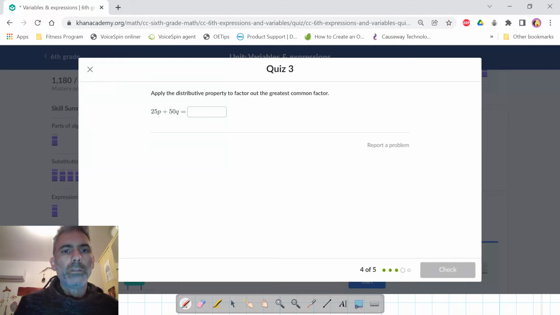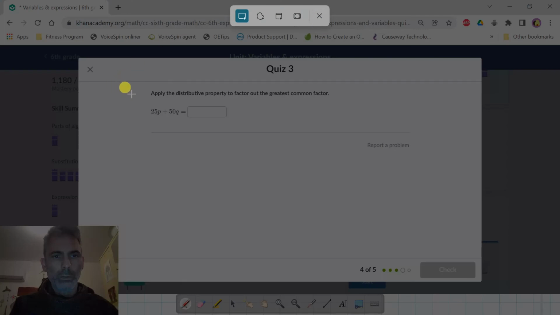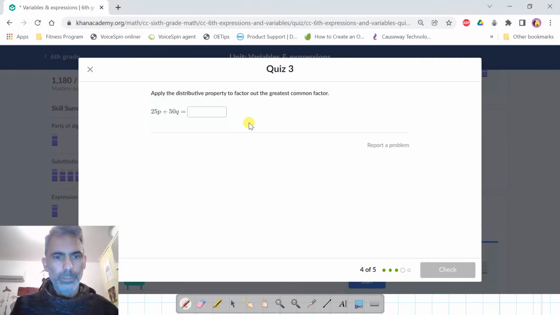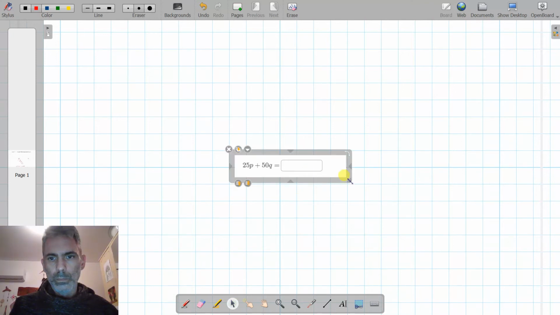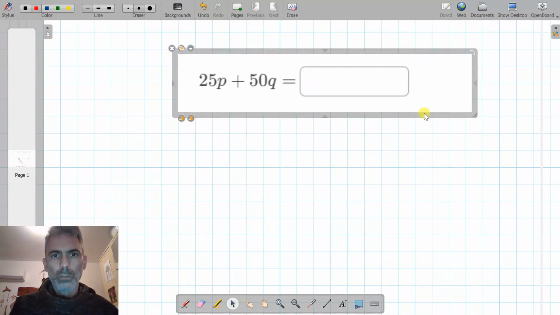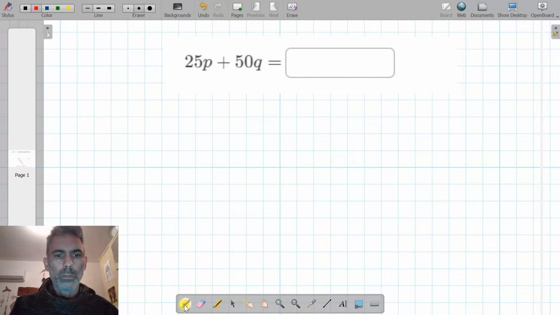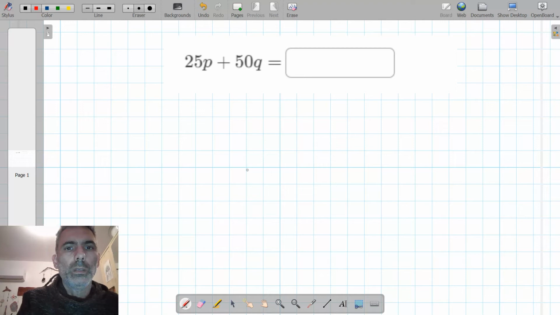Apply the distributive property to factor out the greatest common factor. So copy this. Okay, so the greatest common factor of 25 and 50 is 25, because 25 goes into 50 two times.